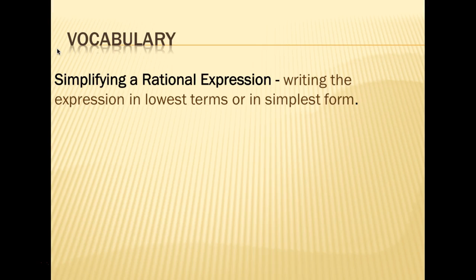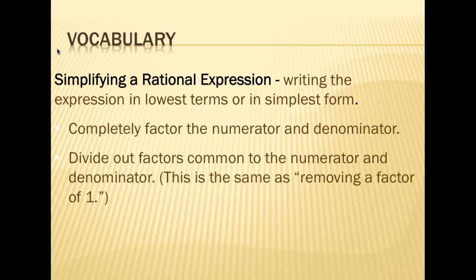Simplifying a rational expression. Simplifying a rational expression is writing an expression in its lowest terms or in its simplest form. And the 2 things to keep in mind when simplifying rational expressions: first of all, completely factor the numerator and denominator.